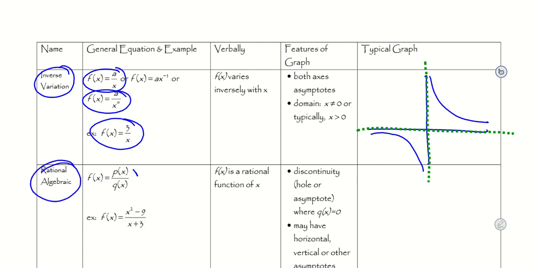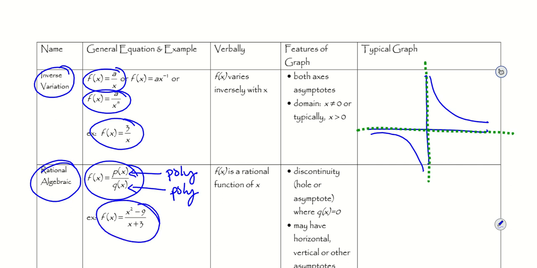A rational function takes this form, where what we have on the top and the bottom are polynomial functions. They could be linear functions, they actually could be constants, but the point is that to have a rational function, you would at least have x in the denominator.